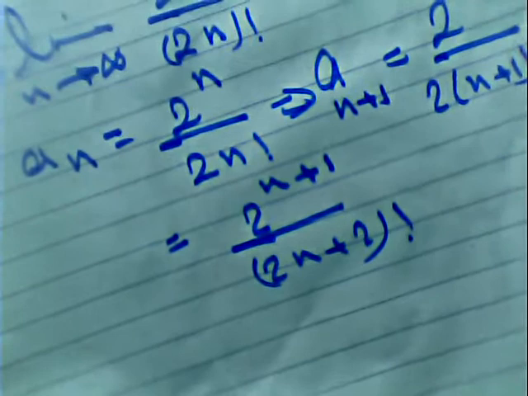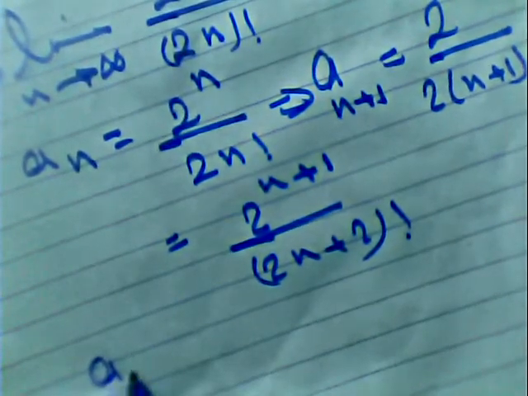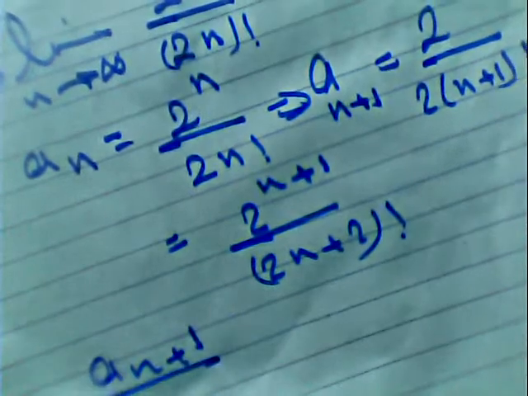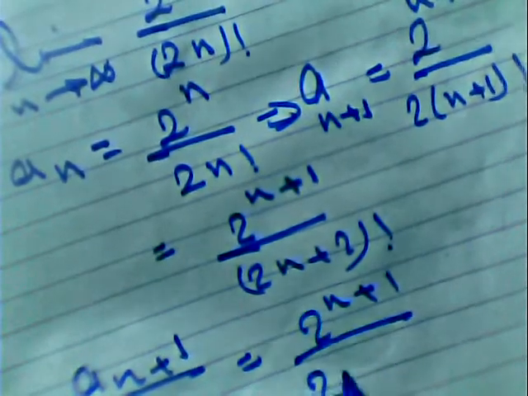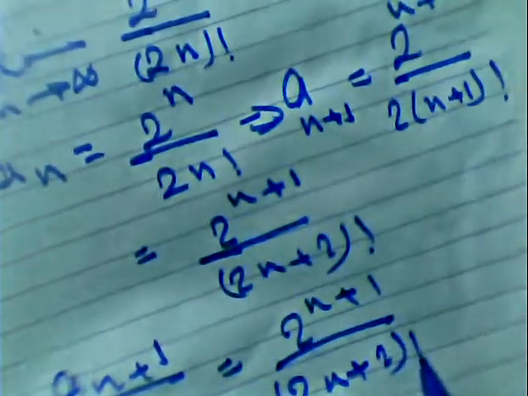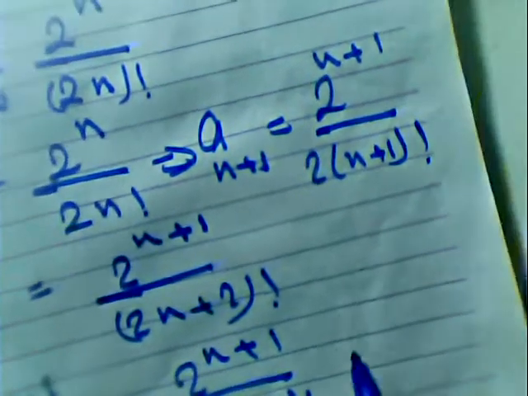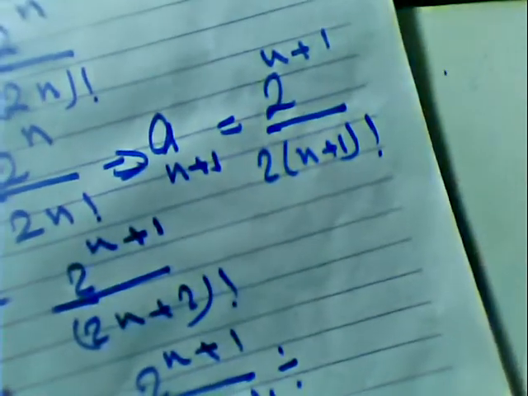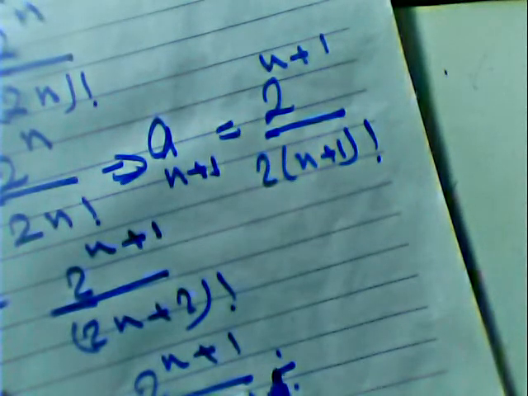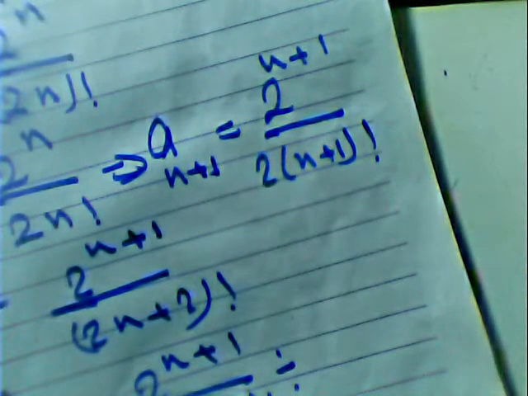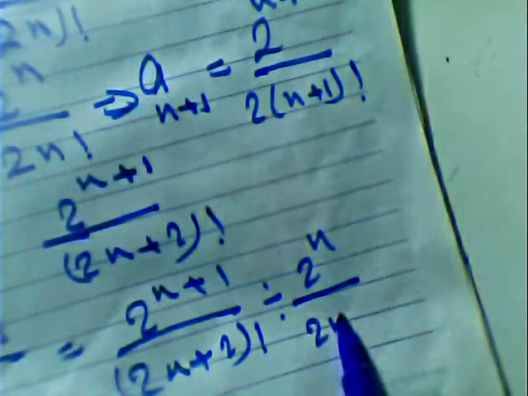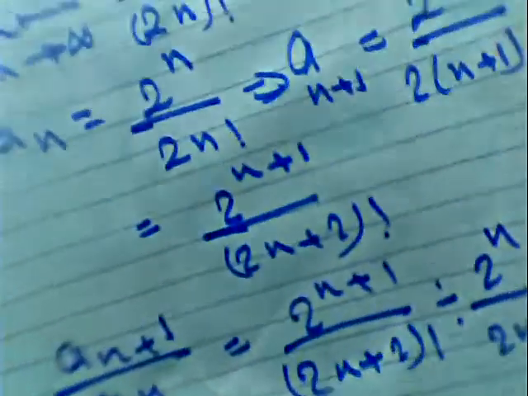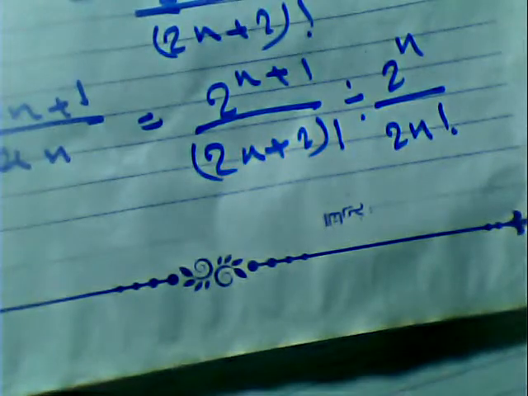Then we can say a n plus 1 over a n equals this over 2 to the power n over 2n factorial, and we replace division with multiplication.